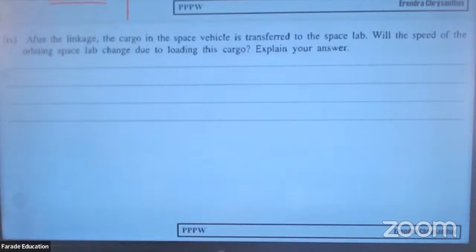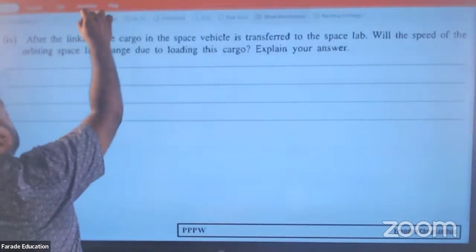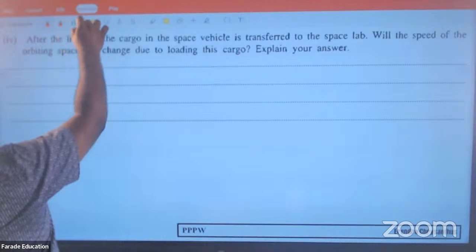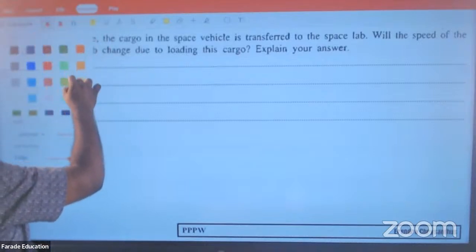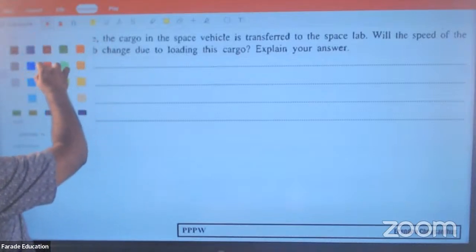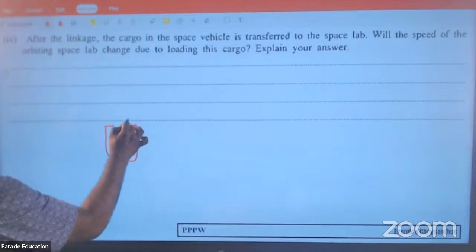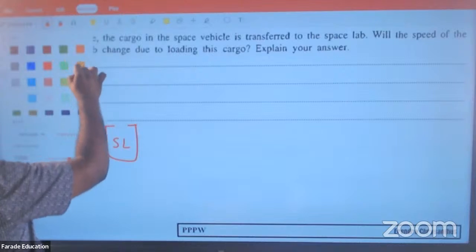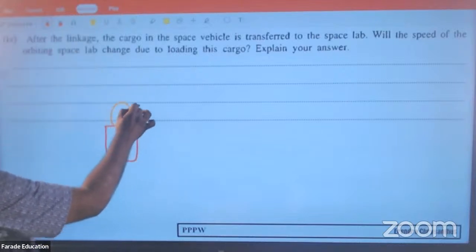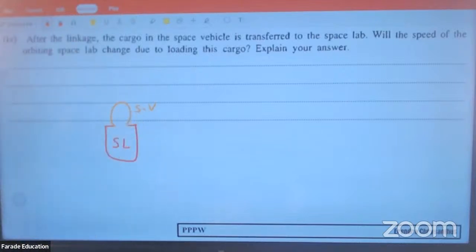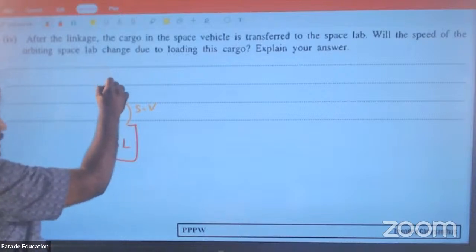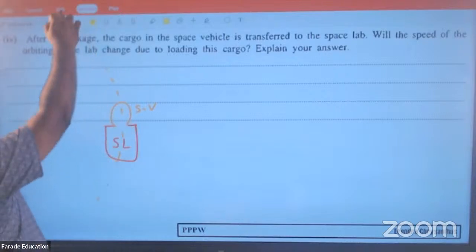Finally, after linkage, let me draw this one. Space lab is there. After linkage means here it's linking space vehicle. Now at this orbit, both are joining.